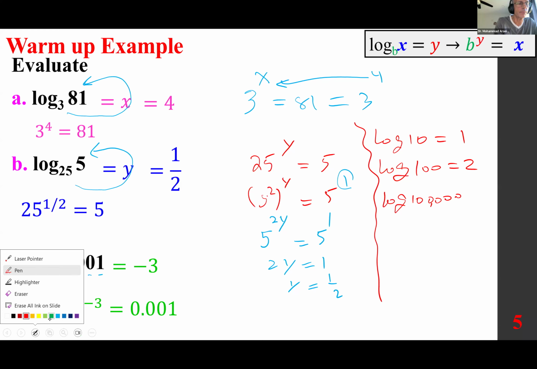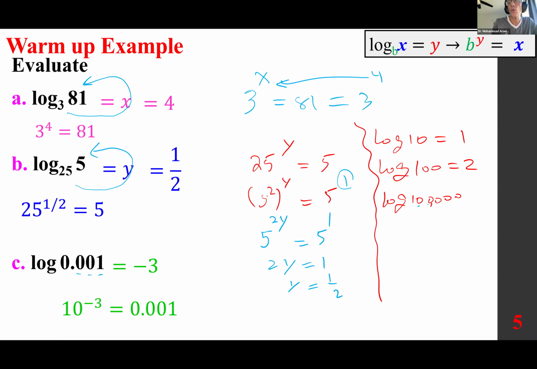Let me count: 1, 2, 3, 4, 5. So it's 5. Log of 0.1 has 1 decimal, -1. Log of 0.01 has 2 decimals, -2. In this case, we have 3 decimals. Just to remind you how you deal with powers of 10 and logs.